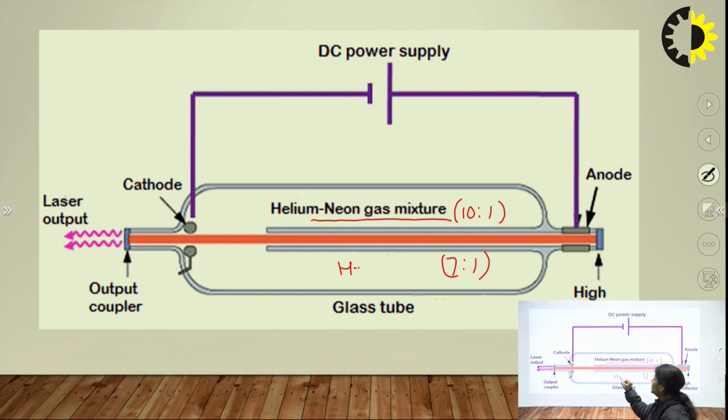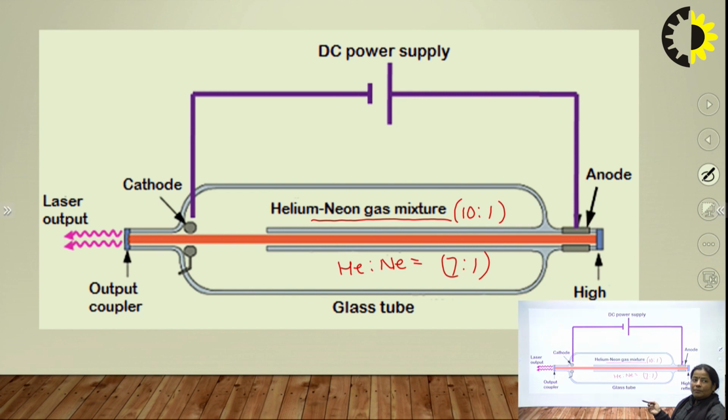That means the ratio is helium to neon. Now, this is the gain medium, or the active medium, or the laser medium: the helium neon gas mixture.